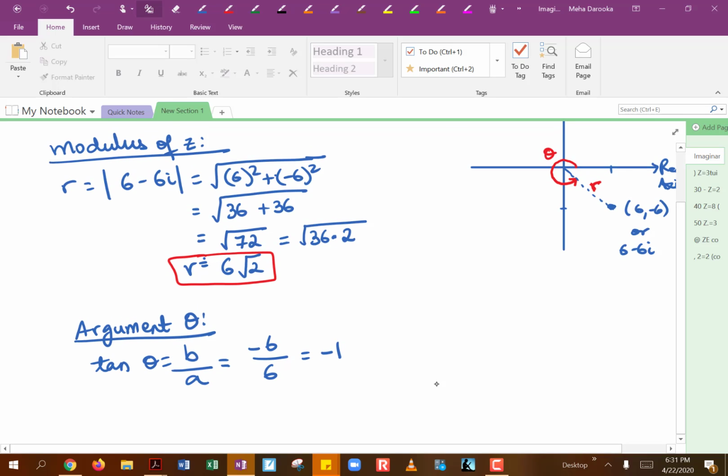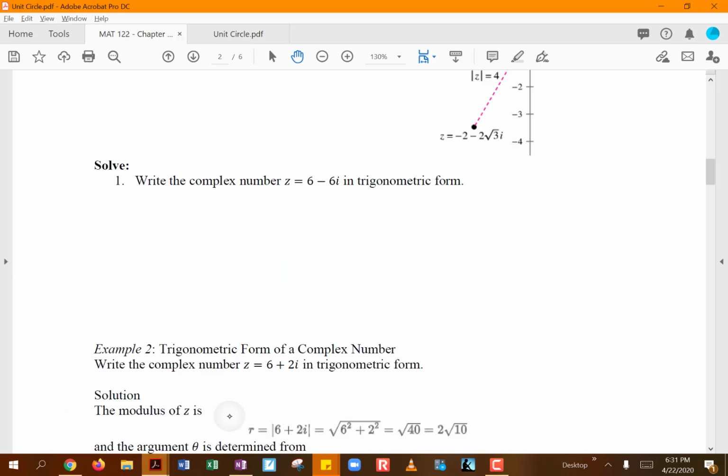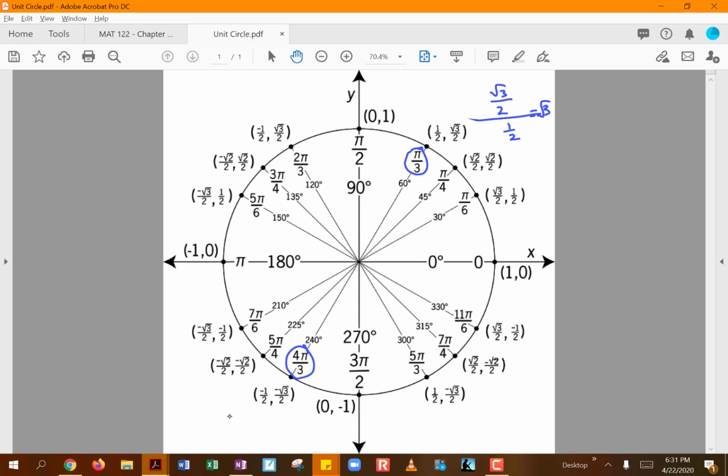Now if we think about where do we get a tangent theta of negative 1, we can go back and look at our unit circle over here. So positive 1 of course will come out to be at pi over 4, but in this case, if you think in terms of clockwise, then negative 1 is actually going to be at this angle, which as a negative angle, will be the same as negative pi over 4, right?